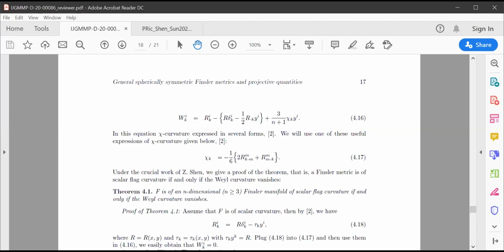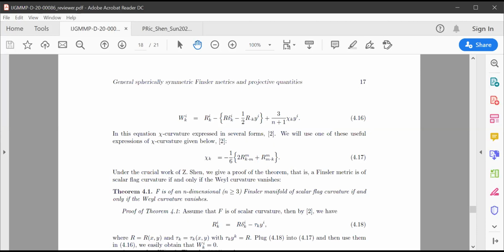I think on general spherically symmetric metrics you can write a paper, on Ricci-flat metrics, or maybe constant curvature or projective. But you have to find all the references first before you do repeated work. Second, in general it's harder to solve, because even right now we cannot solve the spherically symmetric metric.